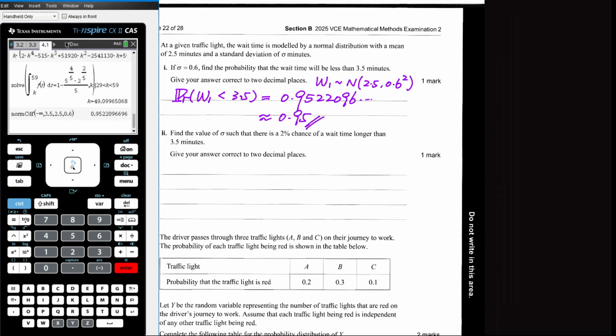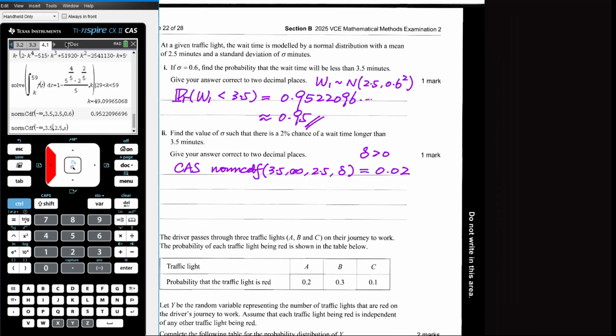And find the value of sigma such that there is a 2% chance of wait time longer than 3.5. So if I'm using my CAS, I'm going to use normCDF longer than 3.5, that's 3.5 to infinity. Mean value is still 2.5. Sigma is unknown, and I want to make sure the result is 0.02 with sigma greater than 0.